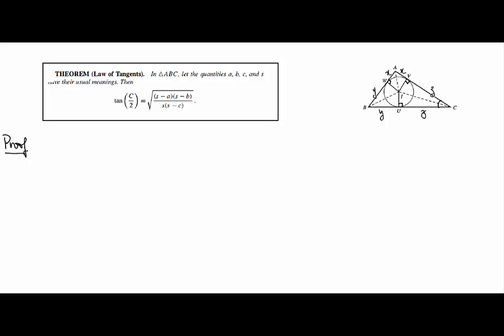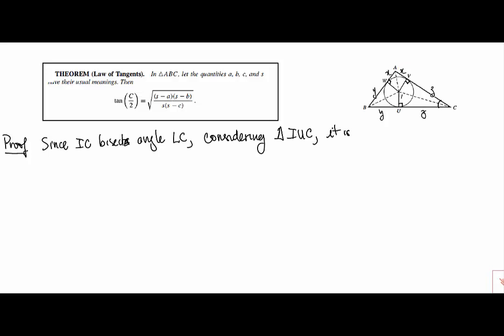Now, since IC bisects angle C, considering the triangle IUC, it is clear that tangent of C over 2 must be equal to the opposite side, which is UI, over the adjacent side, which is UC.